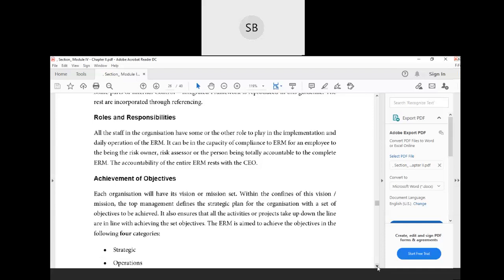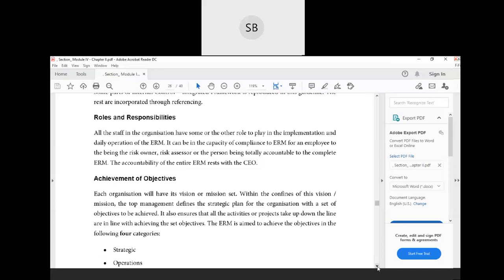The top management defines the strategic plan for the organization with a set of objectives to be achieved. So ultimately it's the organization's top management who set the objectives, and they also make sure they have an action plan to achieve those objectives.